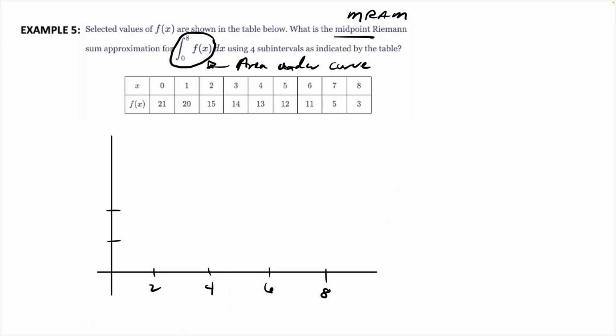So 5, 10, 15, 20, 25. So the first dot is (0, 21). The next dot is (1, 20). (2, 15). (3, 14). (4, 13). (5, 12). (6, 11). (7, 5). (8, 3). Right? So the function is like that.